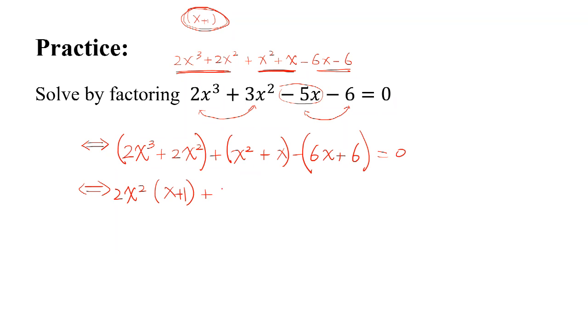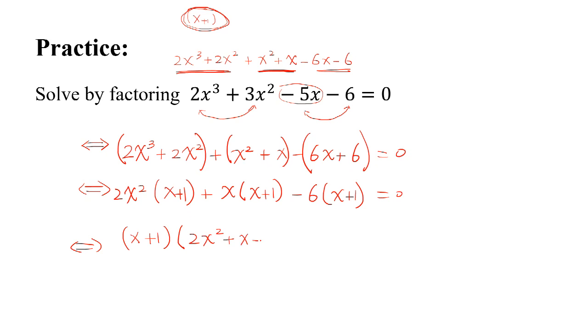And next two terms, if we put x in front, you will get another x plus 1. And last two terms, if we put 6 in front, we'll have another x plus 1, right? So next step, apparently x plus 1 is the common factor, which can be put in front. And what's left behind is 2x squared plus x minus 6, right?